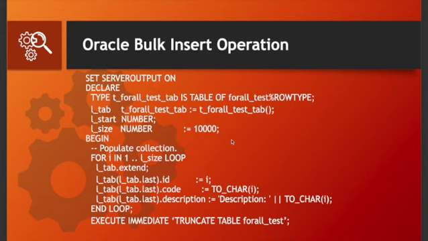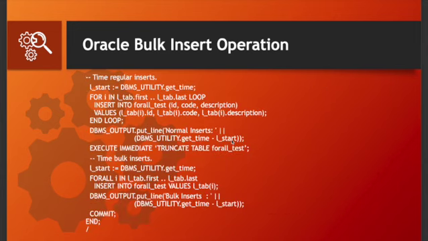Time bulk inserts: perform a bulk operation to bind the collection into an insert statement and display the time taken to complete the operation. In this next slide, because half the script is on the previous slide and the next section is here, in this section you can see the FORALL loop is there. In the FORALL loop we are inserting in bulk.